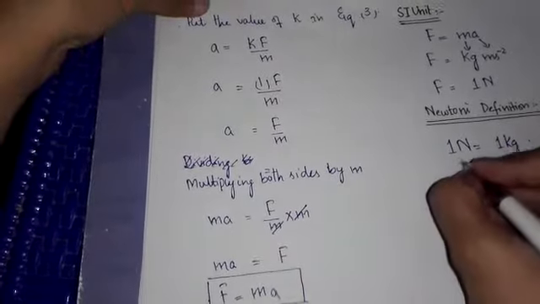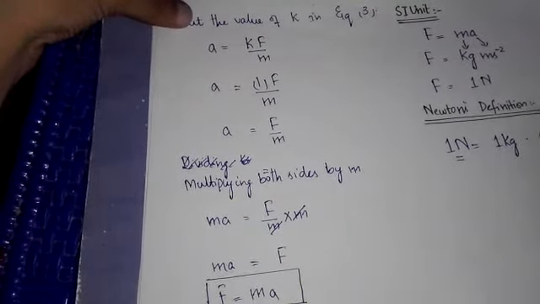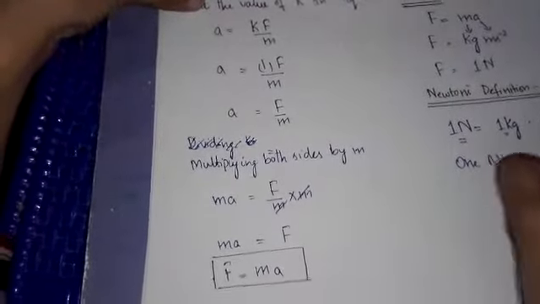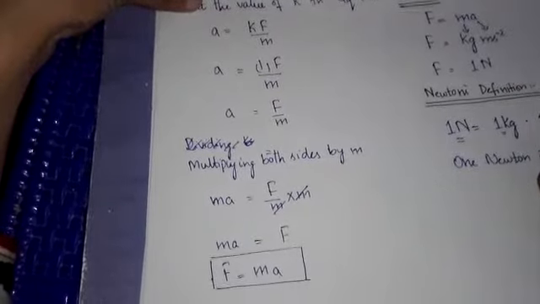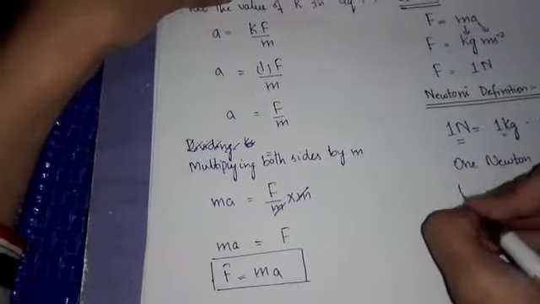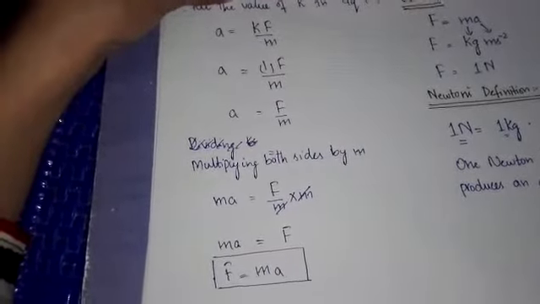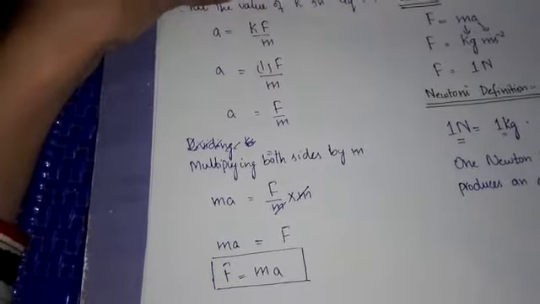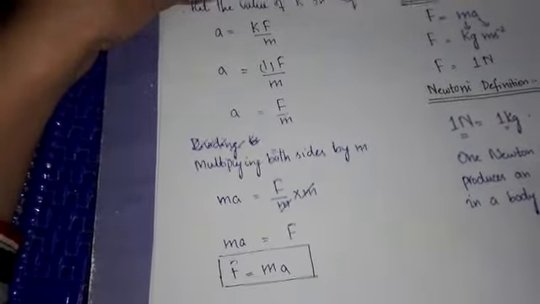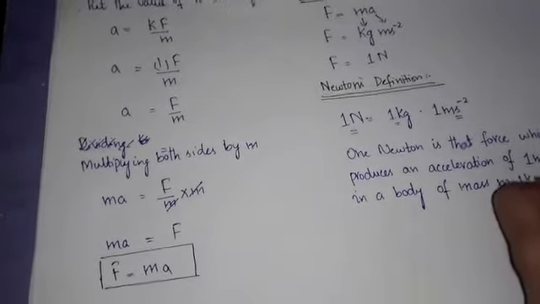It means that the force will be 1 Newton if it produces an acceleration of 1 meter per second square in a body of mass 1 kg. 1 Newton is that force which produces an acceleration of 1 meter per second square in a body of mass 1 kg.